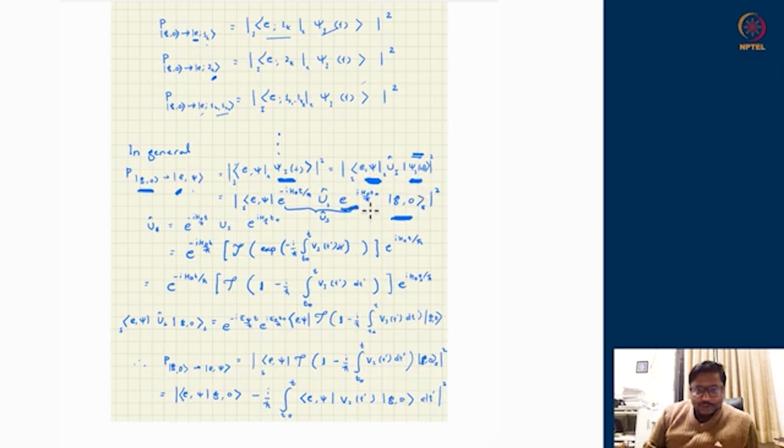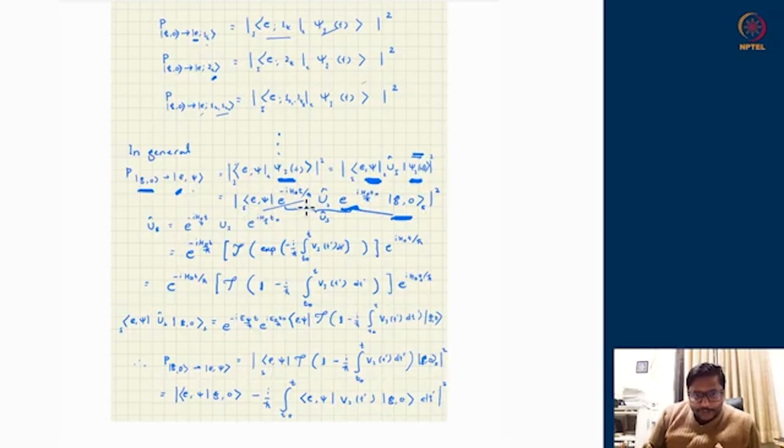Similarly, the two terms over here, at the final time t, are the definition of psi at time t in the interaction picture. Now I have converted it back into the Schrodinger picture.